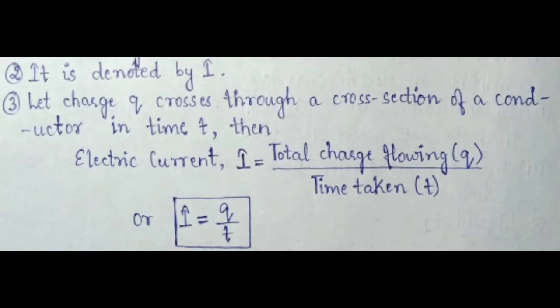In the box the final formula is given: I equals Q upon t. This is the main formula, that charge per unit time is defined as electric current.